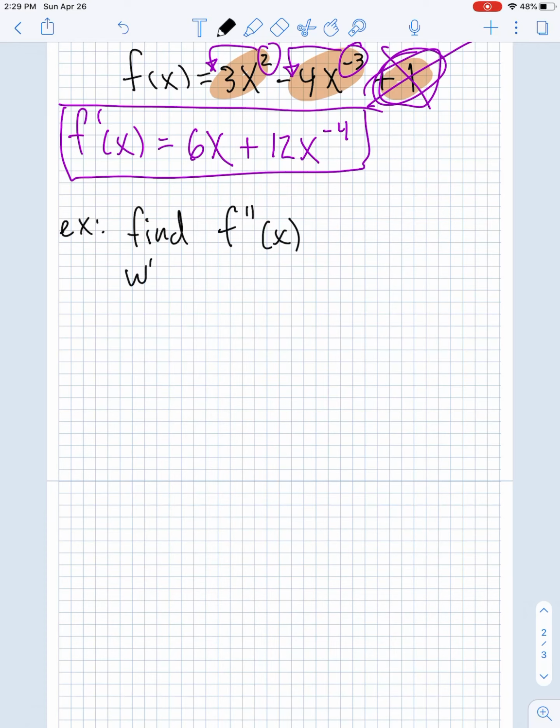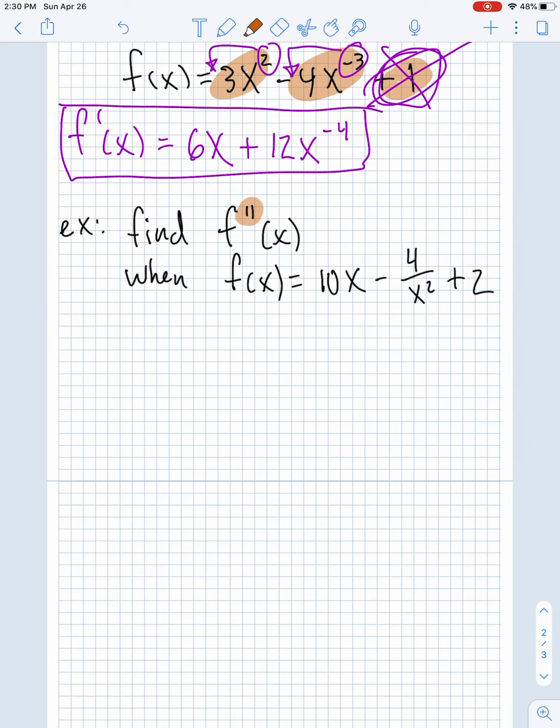We'll say when f of x is equal to, oh nice, I'm glad they did this example, 10x minus 4 over x squared plus 2. To find a second derivative, you're just going to take the derivative once, and then whatever you get from there, you take the derivative of that. The second derivative is the derivative of the derivative.